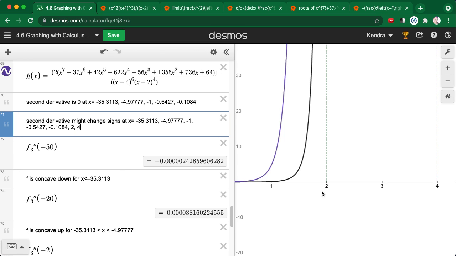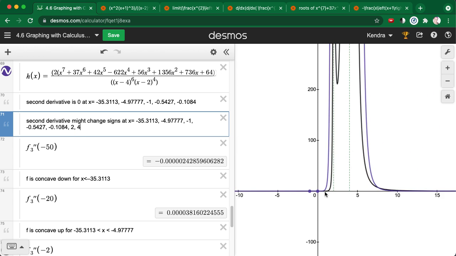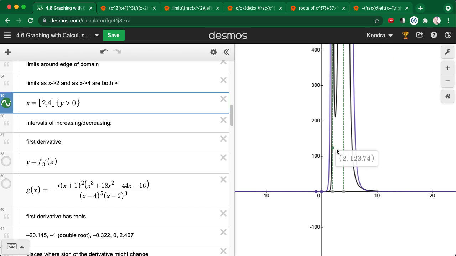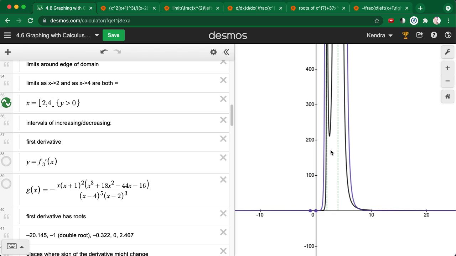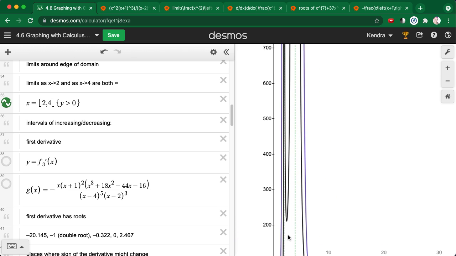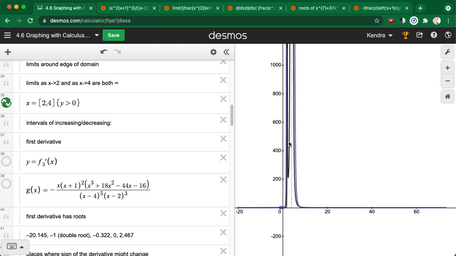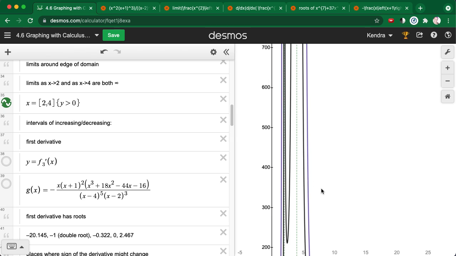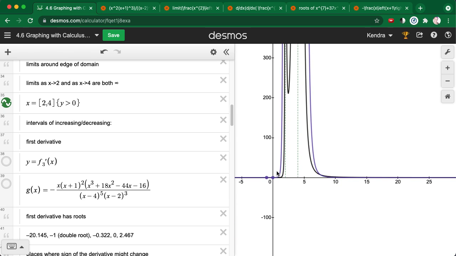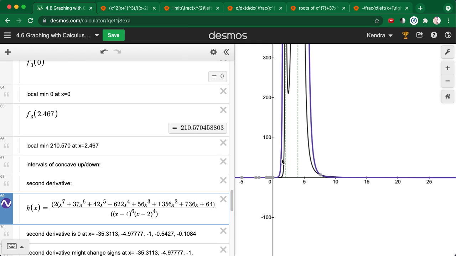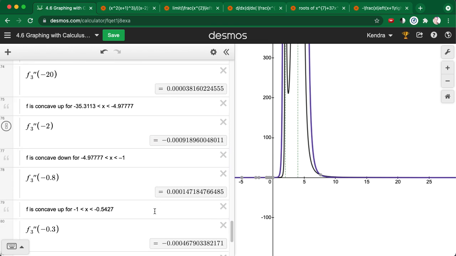The second derivative is in purple. I mean, it's just so clear that the first derivative is concave up between 2 and 4. But I do want to double check that. But between 0 and 2, the second derivative is positive, and for x greater than 4, the second derivative is positive.